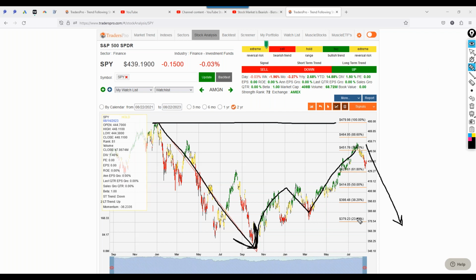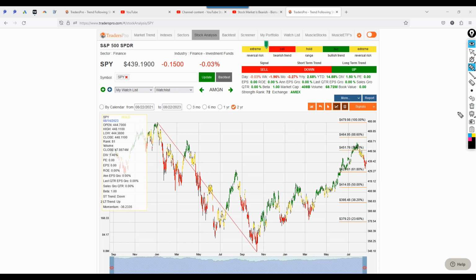I've read some pretty nasty perspectives, and I don't love to read perma-bears too often, because sometimes it plays with your mind a bit when you start thinking doomsday and you start thinking great depression and the worst of the worst. At least it's easy for me to start thinking that way. But it's a possibility that this is the actual downtrend and that we're now moving the other direction.